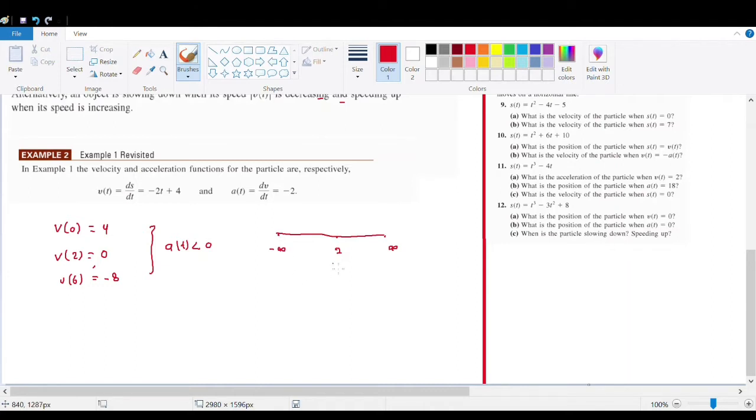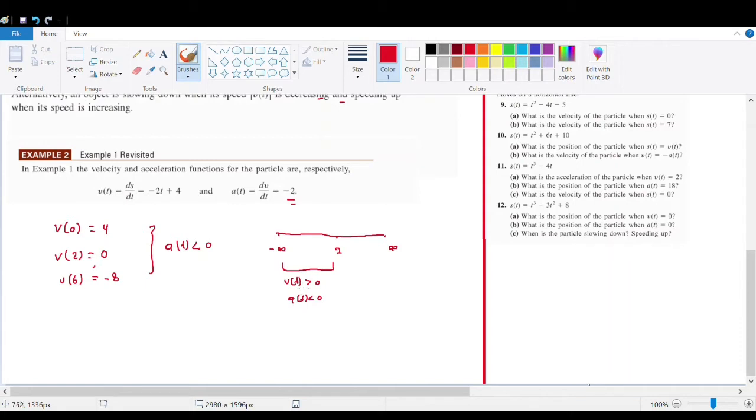For the interval from minus infinity to 2, the velocity is positive, so v(t) is greater than 0, and the acceleration is always negative, so a(t) is less than 0.